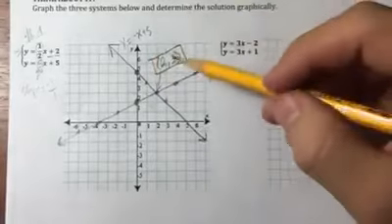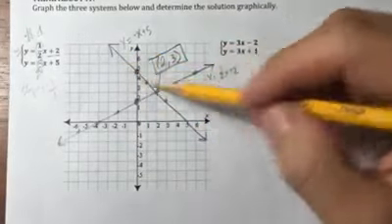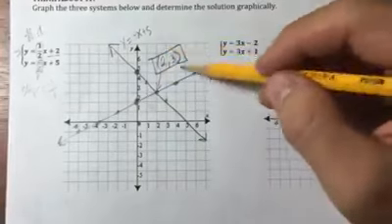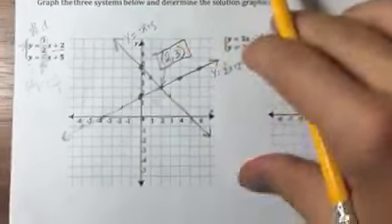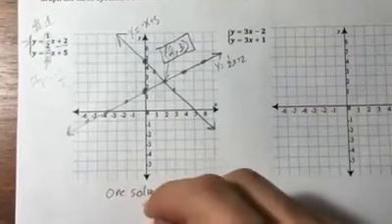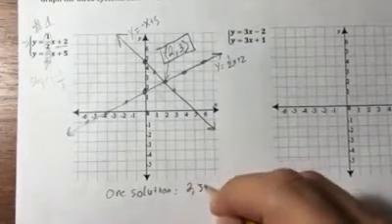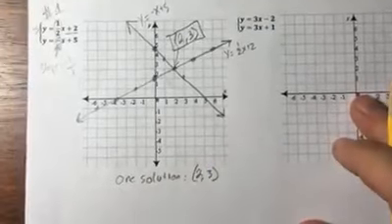So this is our solution. This is the coordinate that is shared by both graphs. It's the coordinate that satisfies both equations. So we can say that this has one solution, and our solution is 2, 3.